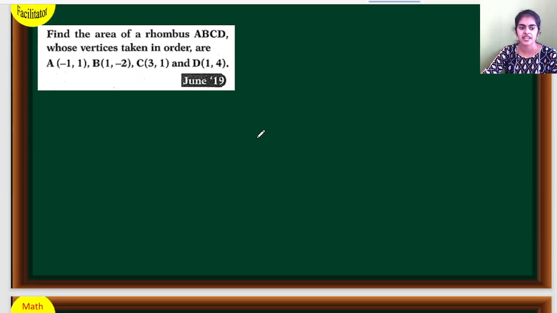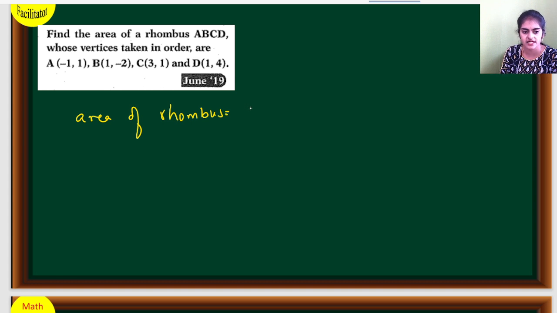నౌ యూ నీడ్ టు ఫైండ్ ద ఏరియా ఆఫ్ ఎ రాంబస్. వాట్ ఈస్ ఏరియా ఆఫ్ ఎ రాంబస్? Area of rhombus is half d1 d2.